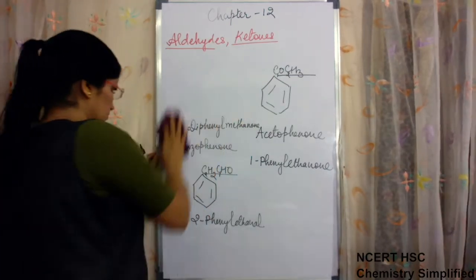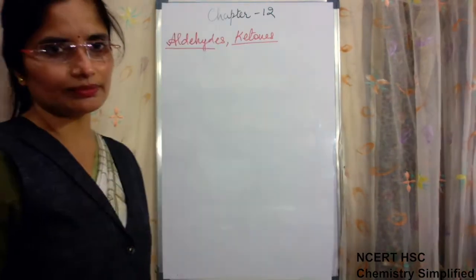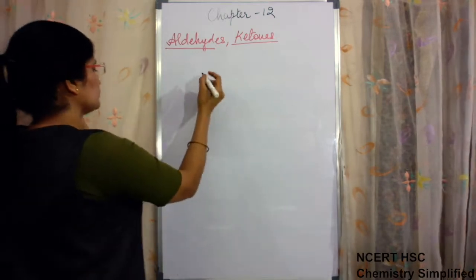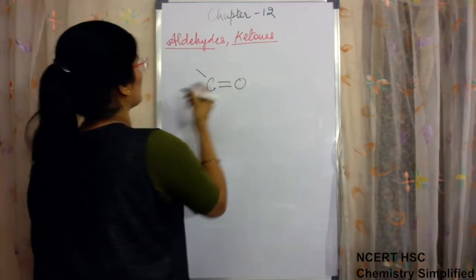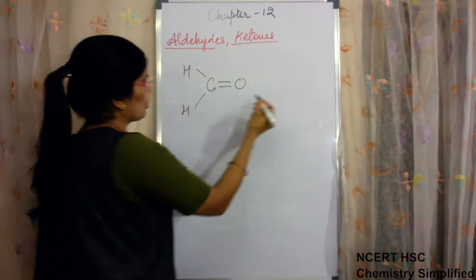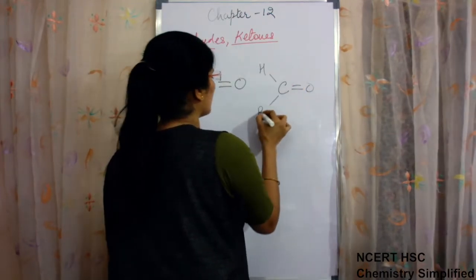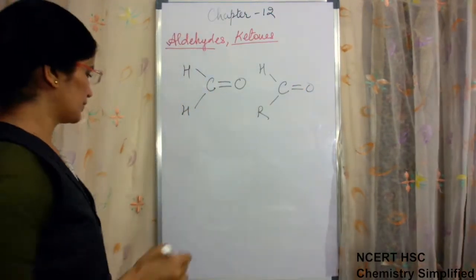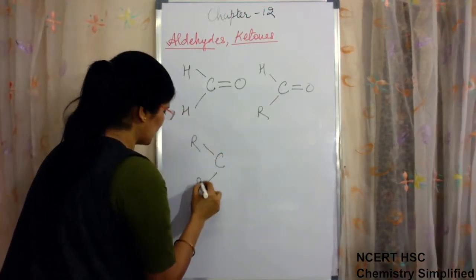Next thing we come to is its structure. Now, if we see an aldehyde, these two bonds may be to H, or one to H and one to an alkyl group. If it is a ketone, then both these groups will be alkyl groups.